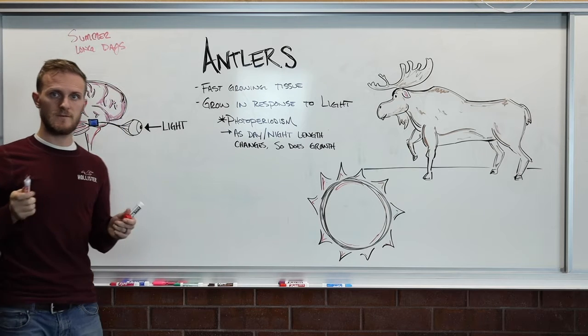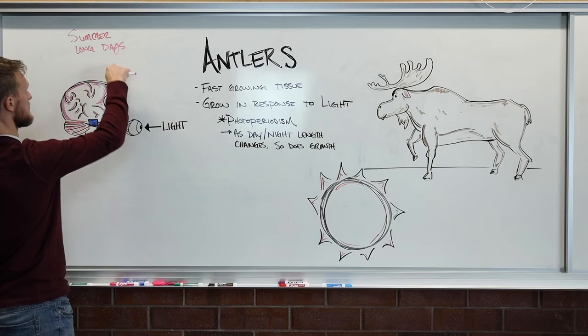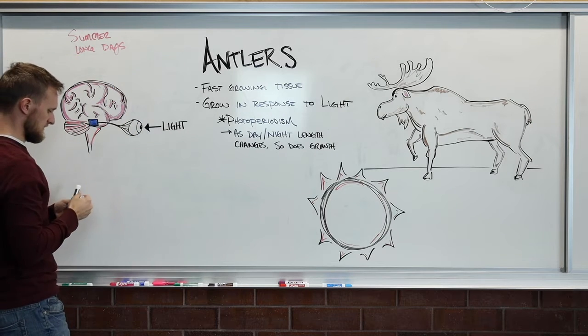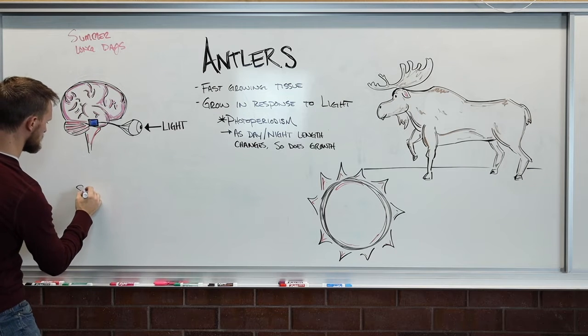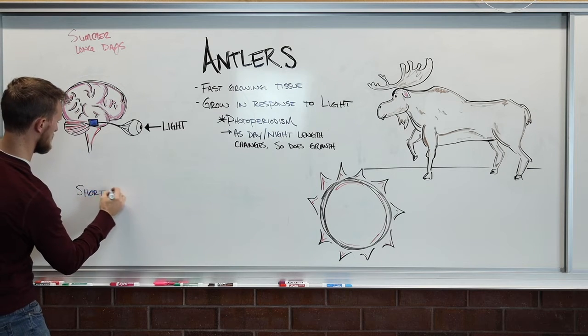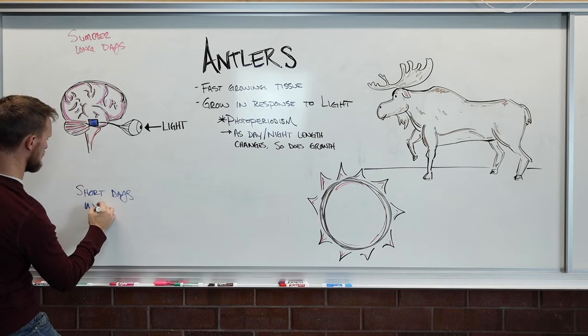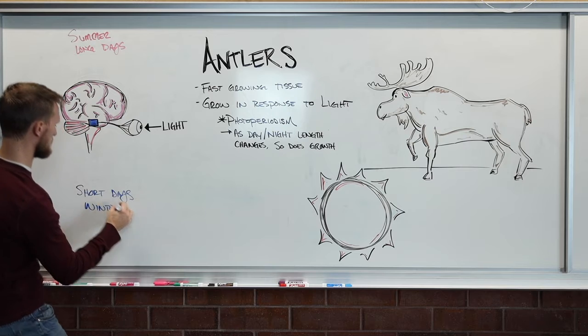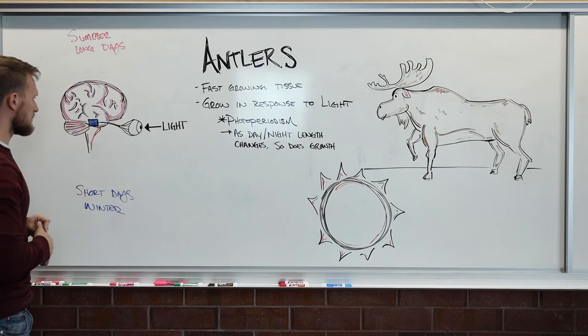Okay, and I'm going to use two different colors just to make sure that we keep these bits of information straight. So long summer days, I'm going to use a cool blue for the short days in the winter. Okay, so summer, long days, winter, short days. Here's what happens.